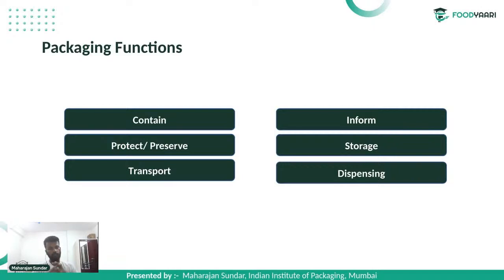Out of which contain, protect or preserve, transport, and inform are the major functions of packaging. These four parameters are the major functions of packaging: contain, protect or preserve, transport, inform.